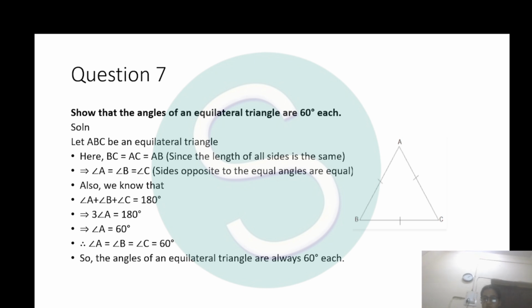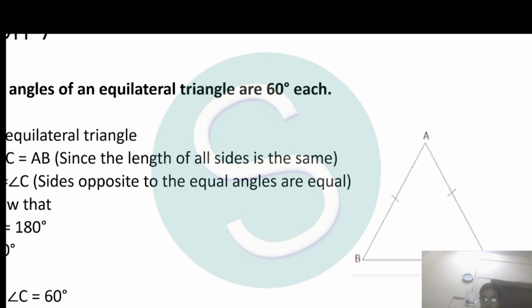If two sides of a triangle are equal, then their opposite angles are also equal. So firstly take AB equals AC. If AB equals AC, then angle C will be equal to angle B, because if two sides are equal, then their opposite angles are also equal.